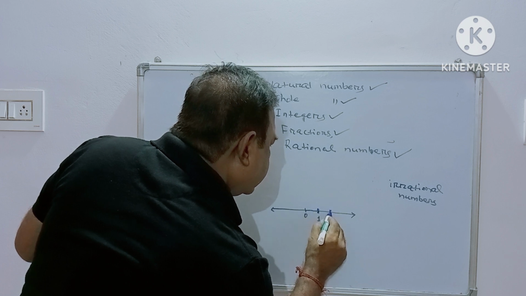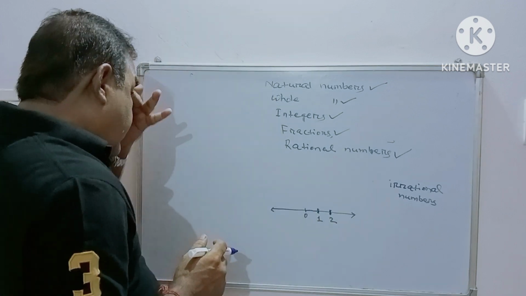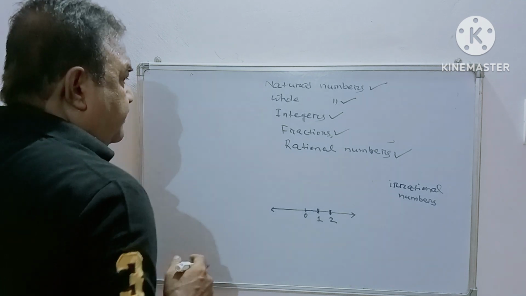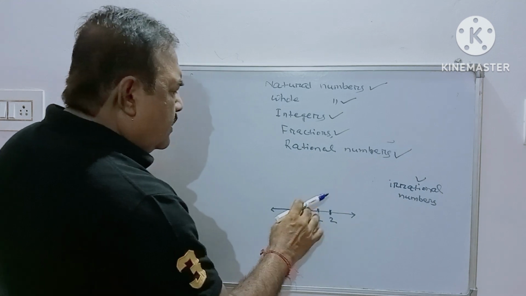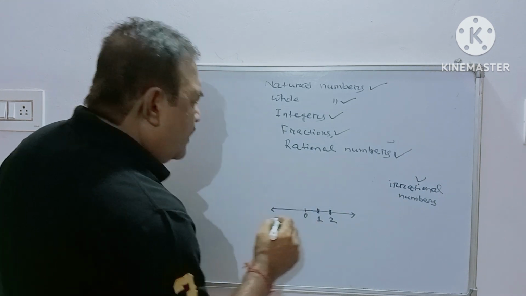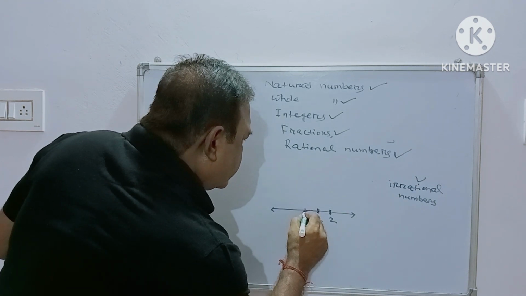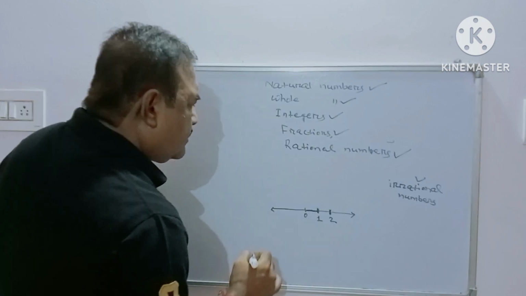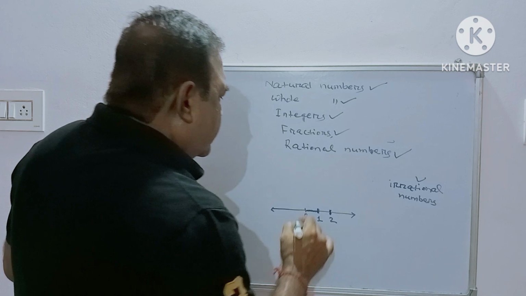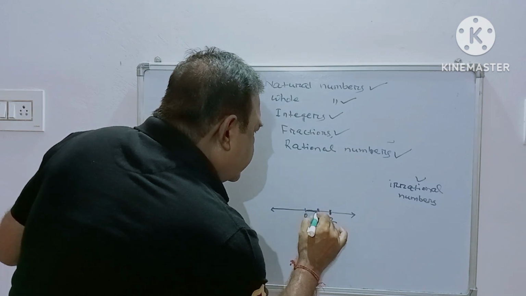How? This length is 1 unit, and you construct a perpendicular at this point. Take the same unit length here, and using the ruler just connect it.